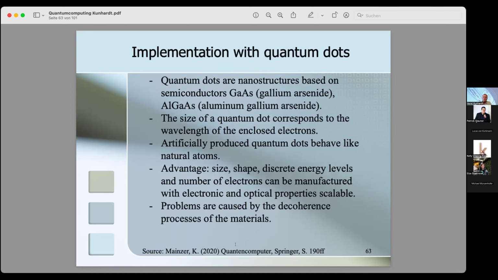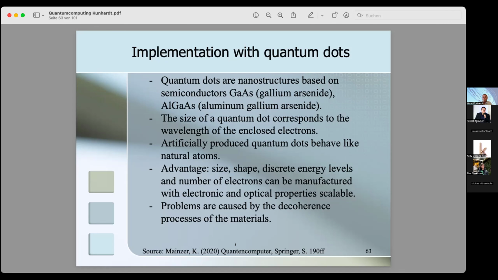So quantum dots are called a nanostructure based on semiconductors, more or less gallium arsenide, very well known in classical computing technology. The size of this quantum dot corresponds to the wavelength of the enclosed electrons.